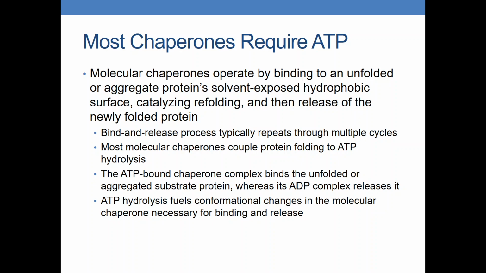Most chaperones are going to require ATP. In the example where we talked about HSP70, you saw a very common example of how these things work. So the molecular chaperone is going to bind to an unfolded protein or a misfolded protein, protein folding intermediate, aggregate protein, whatever the actual substrate is, it's going to have a solvent-exposed hydrophobic surface. So the molecular chaperone is going to bind to that.